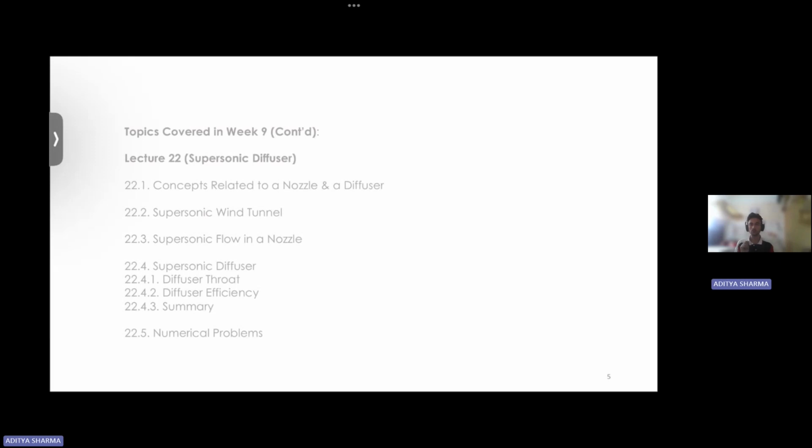Moving on to the next lecture. The last lecture in this week's content is based on the supersonic diffuser, from the context that supersonic diffusers are used in supersonic wind tunnels.